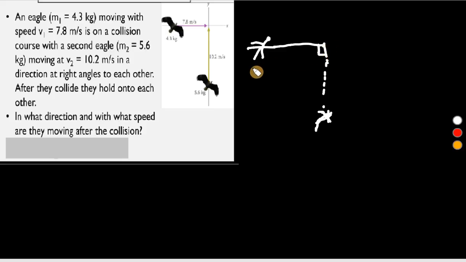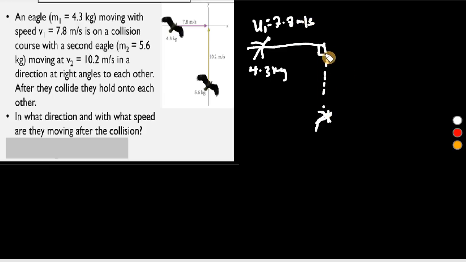So the first eagle is having this mass 4.3 kilogram and is moving with this initial speed, 7.8 meter per second.